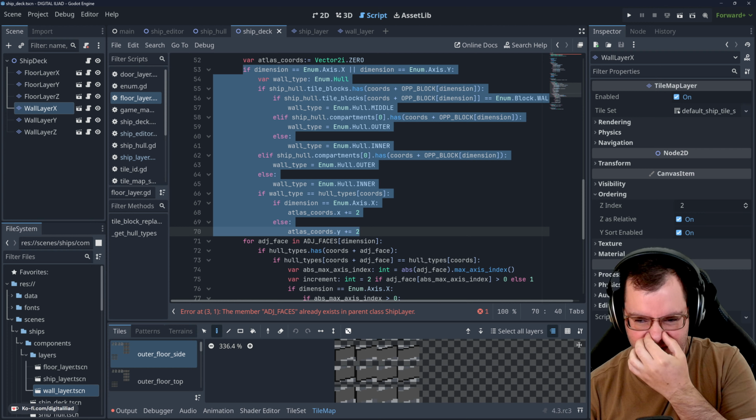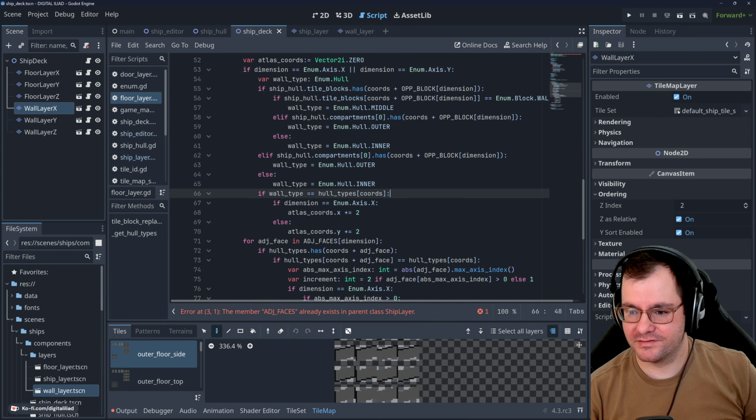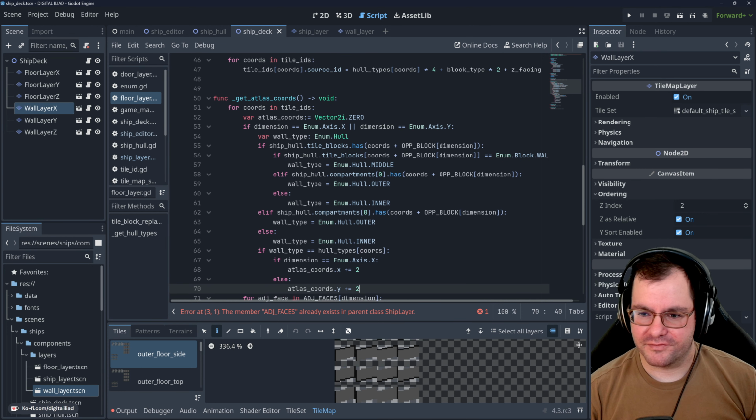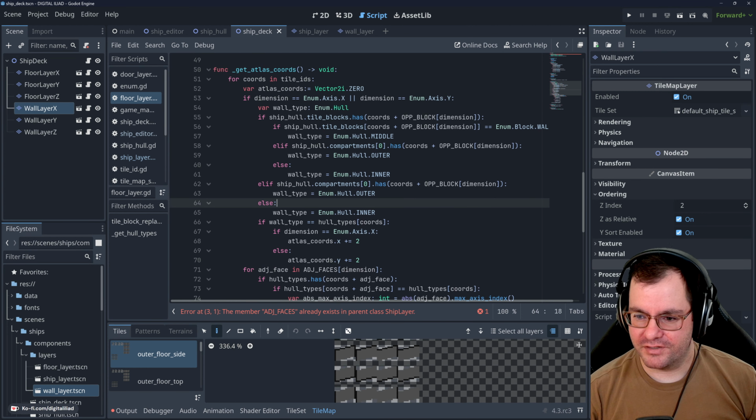Problem is we also need to do this for the floor. Or no, we are doing it for the floor. We also need to do it for the wall above it. The wall above it needs to check the floor below it.